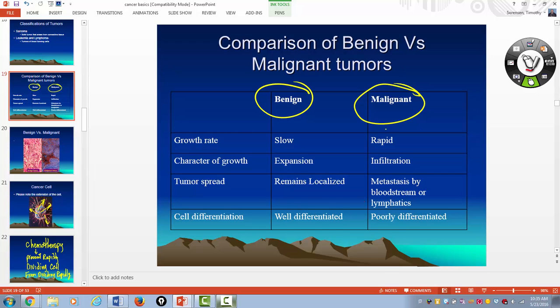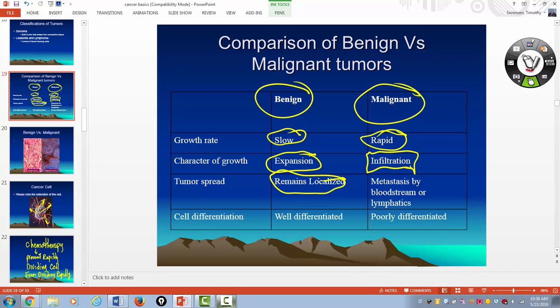So in terms of growth rate, malignant is rapid, slow for benign. And then cancer cells infiltrate because of the lack of recognition receptors, while benign tumors just simply expand. They're kind of encapsulated, and the tumor remains localized in benign tumors. And because of no recognition receptors and that rapid cell division, malignant cells will metastasize or spread via the lymphatic system or bloodstream.